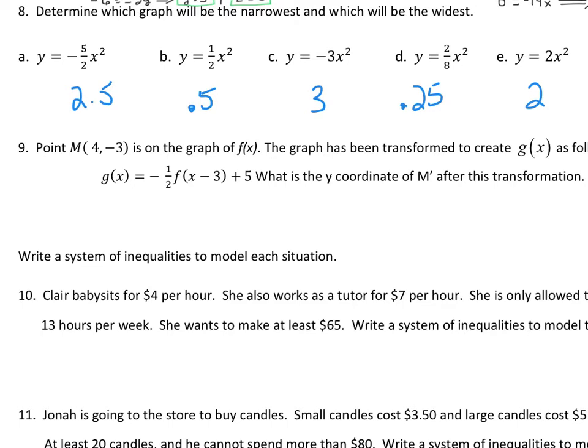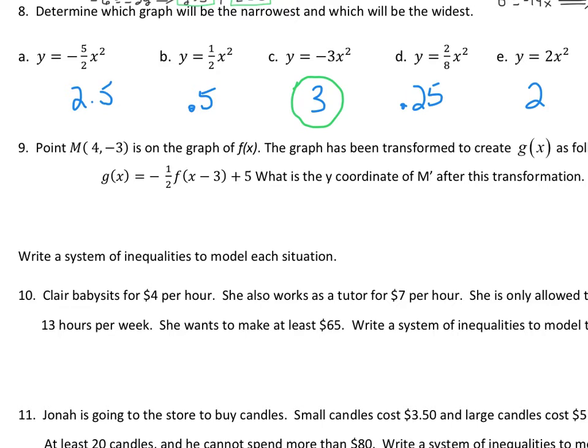So that means that as my a value gets larger than 1, the graph gets narrower and narrower. So for the narrowest graph, I'm going to pick the number 3 because that is the largest number that I have greater than 1.